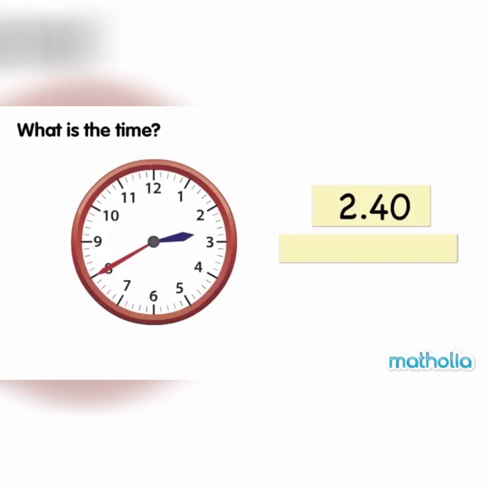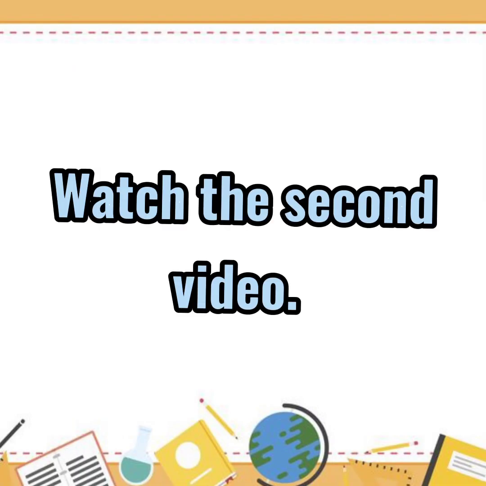So how many minutes left before it's 3 o'clock? Let's count. 5, 10, 15, 20. So 20 minutes left before it's 3 o'clock, or that is 20 to 3, or 20 minutes to 3. Please watch the next video.